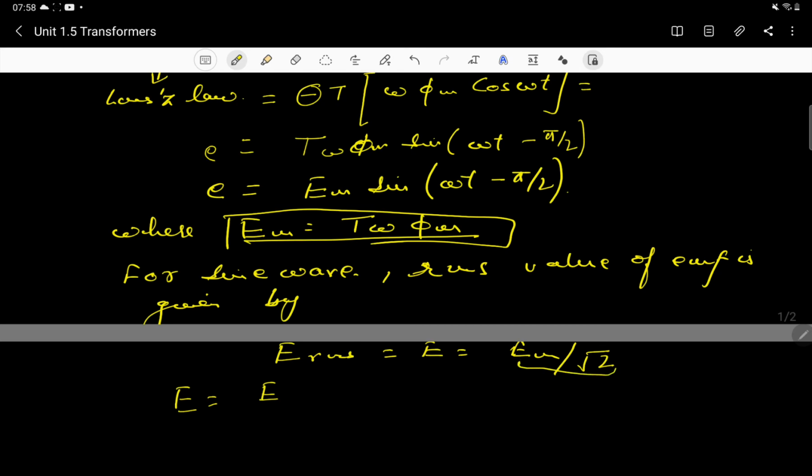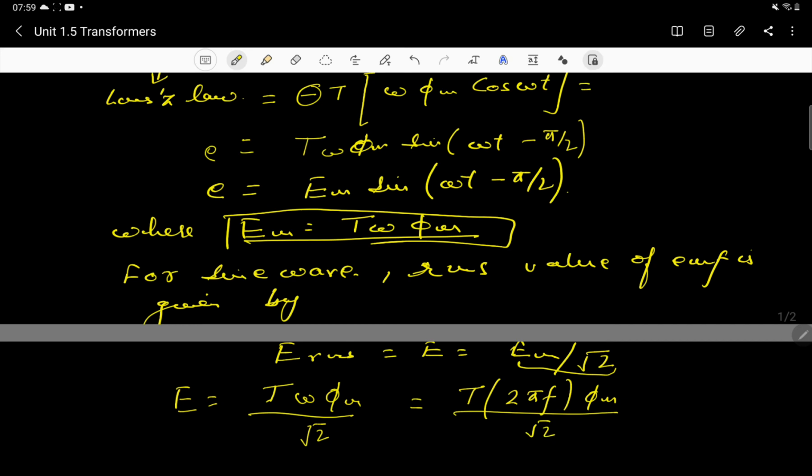We are getting Em from here. This will give T omega phi m upon root 2. You must know the value of omega. Omega is given by 2 pi f, so this gives T into 2 pi f into phi m upon root 2, which is root 2 T pi f phi m.